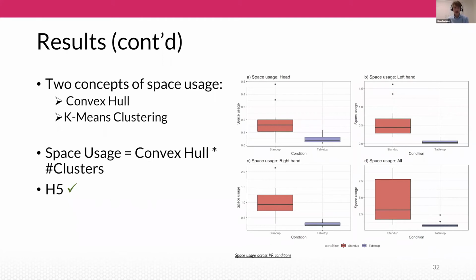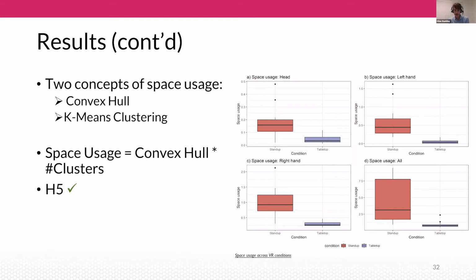We constructed the metric space usage, that is just the convex hull times the number of clusters. So a user that has a large space usage moved around a lot in space and operated from different points. And users that have a low space usage obviously did not take up that much space and operated from very few points.